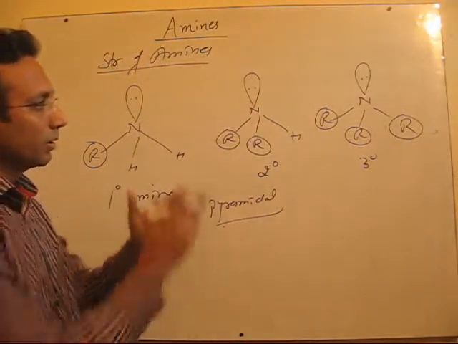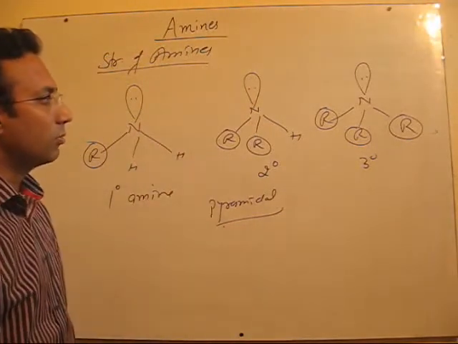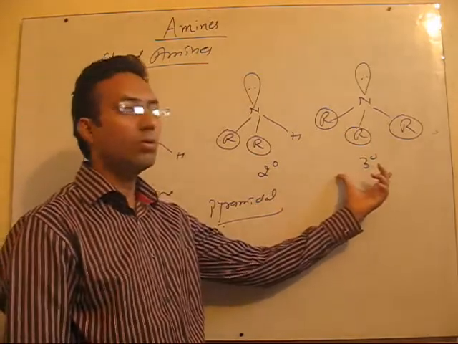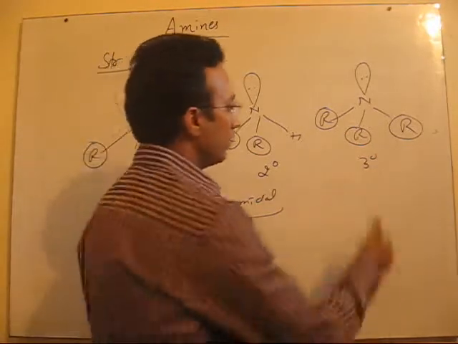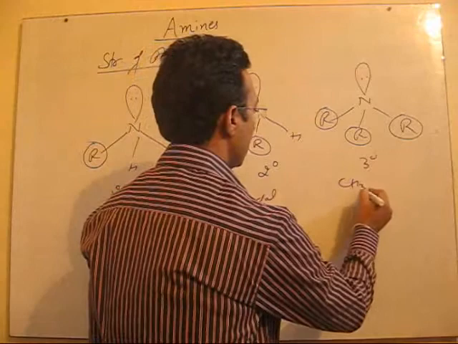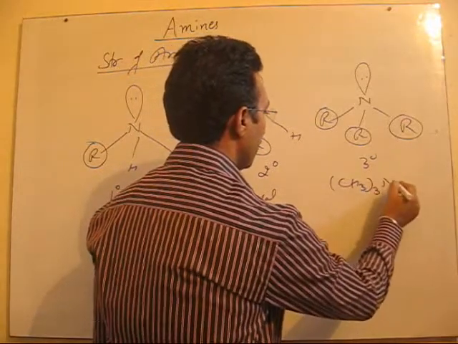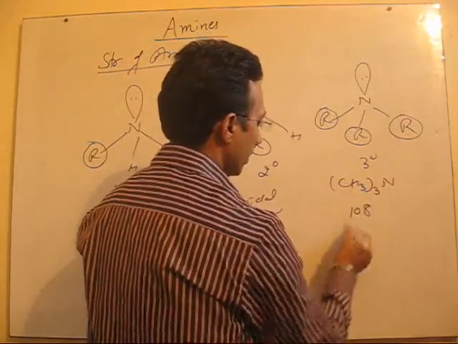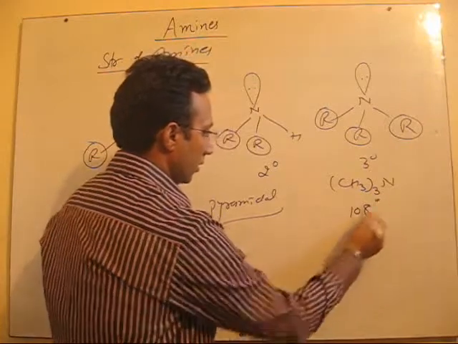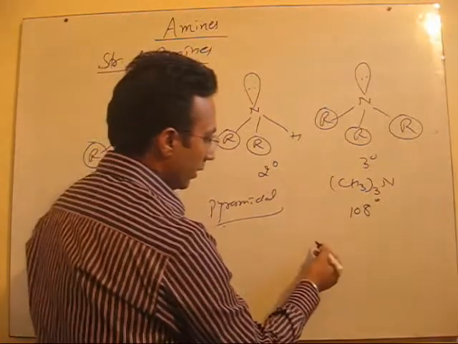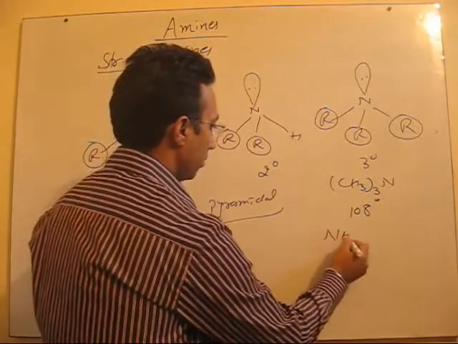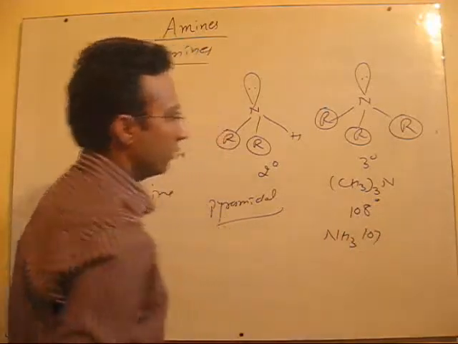So there is a larger bond angle in this case as compared to ammonia. For example, in trimethylamine, the bond angle is 108, which is 1 degree greater than the bond angle in ammonia, which is 107.